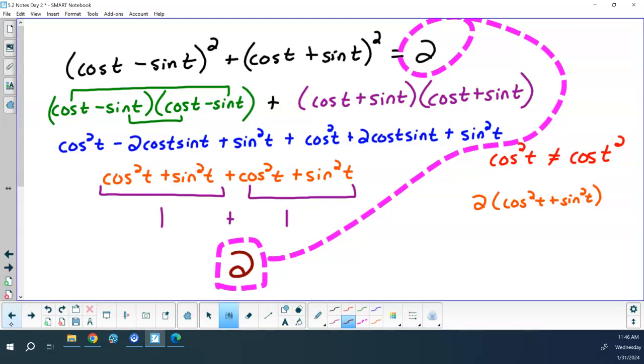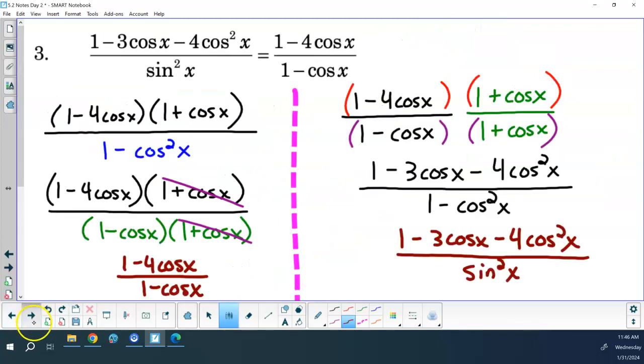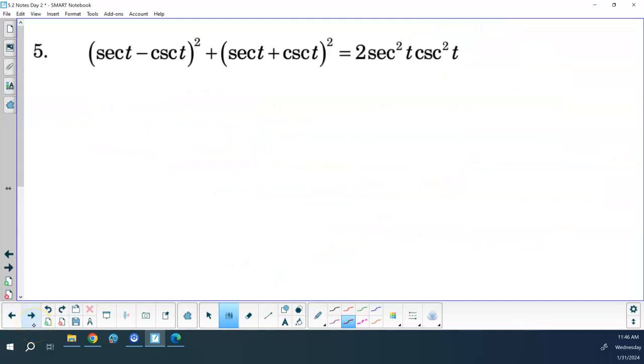So it says 2 secant squared and 4 secant squared, but shouldn't it be 2 parentheses? For number 5? Nope. It's not plus in between, so the 2 goes in there. So it's 2 times secant squared times cosecant squared. The way it's written is what that is.